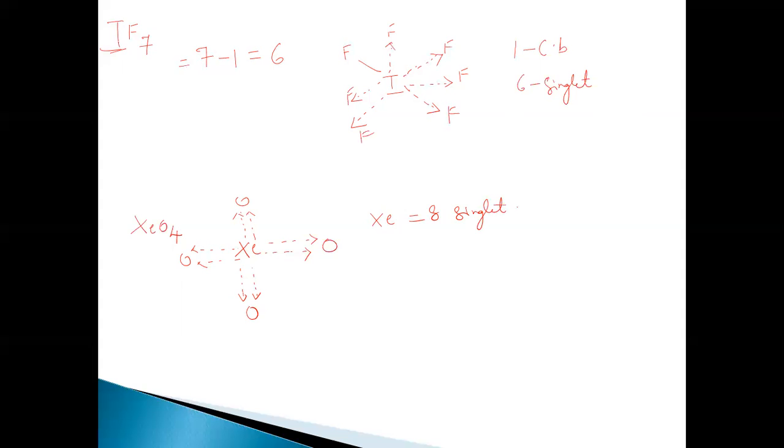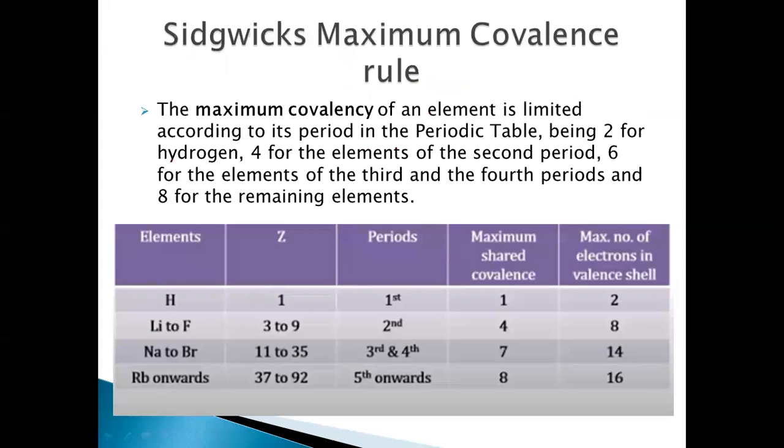The next theory put forward to explain the limitations of the octet rule is Sidgwick's maximum covalency rule. What does this rule say? This rule says that the maximum covalency of an element is limited according to its period in the periodic table.